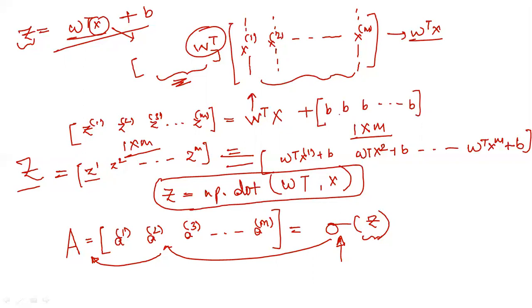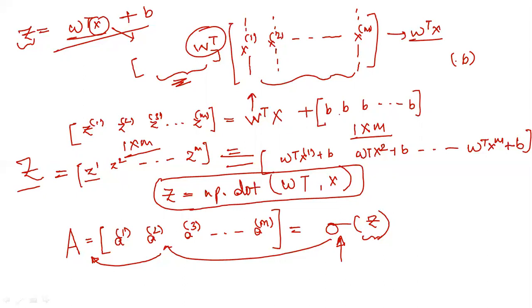Now you can see that these are quite mysterious operations being performed here, because whenever you write code in Python, you would not write this vector as b, b, b, b and so on till m times. You'll simply write b there, and it will split in the form of m copies of b.